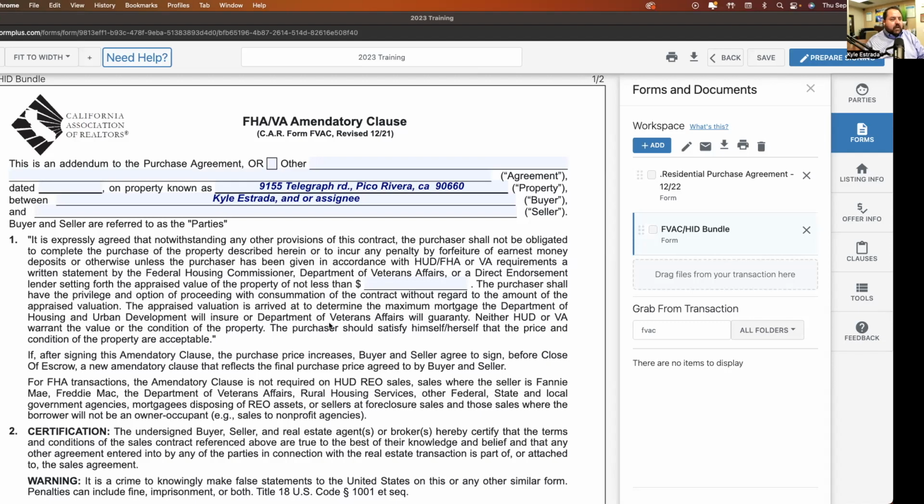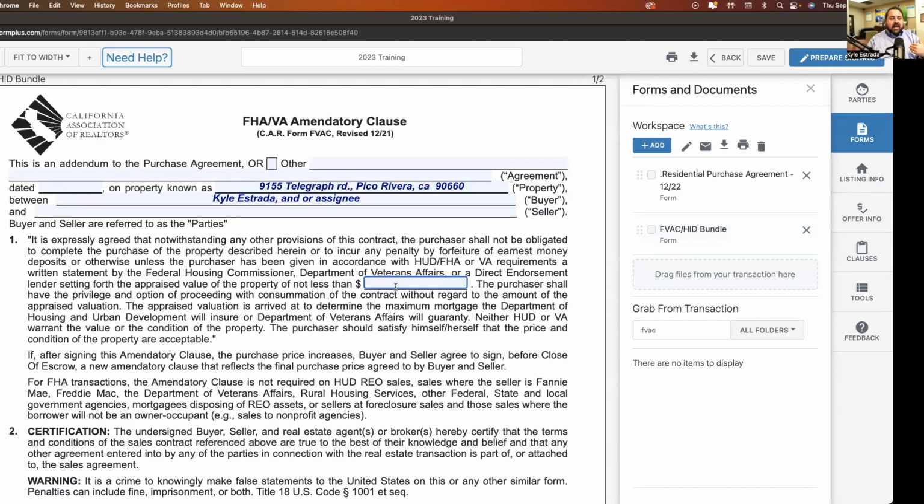What it says is that it is expressly agreed that notwithstanding any other provisions of this contract, the purchaser shall not be obligated to complete the purchase of the property described herein, or to incur any penalty of forfeiture of earnest money, deposits, or otherwise, unless the purchaser has been given, in accordance with the HUD, FHA, or VA requirements, a written statement by the Federal Housing Commissioner, Department of Veteran Affairs, or a direct endorsement lender setting forth the appraised value of the property of not less than blank.